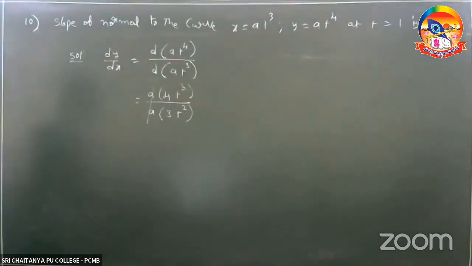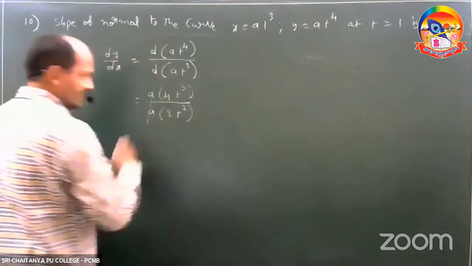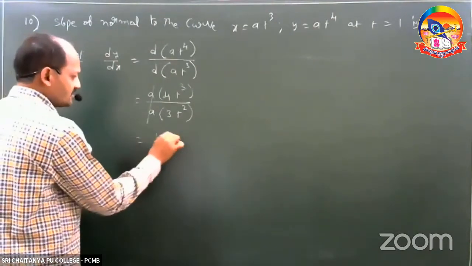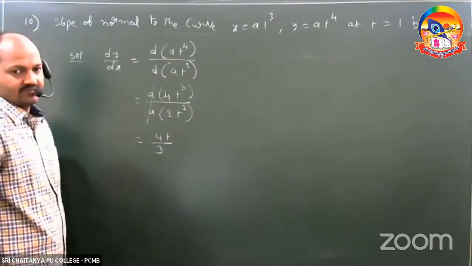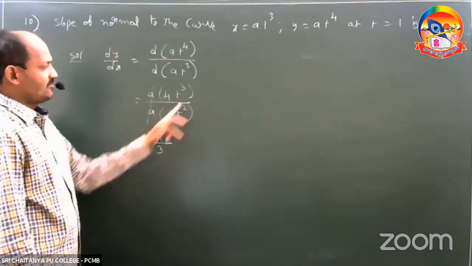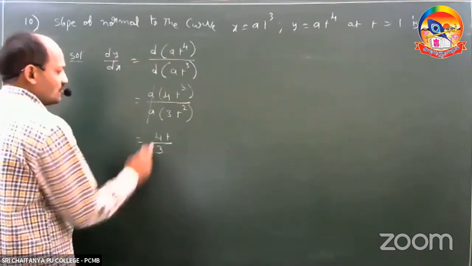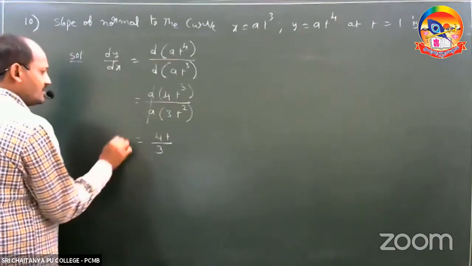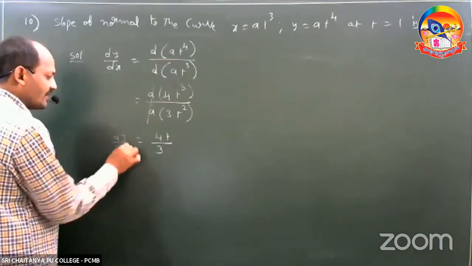Remove t square: 4t power 3 by 3t square gives 4t divided by 3. That is dy by dx.